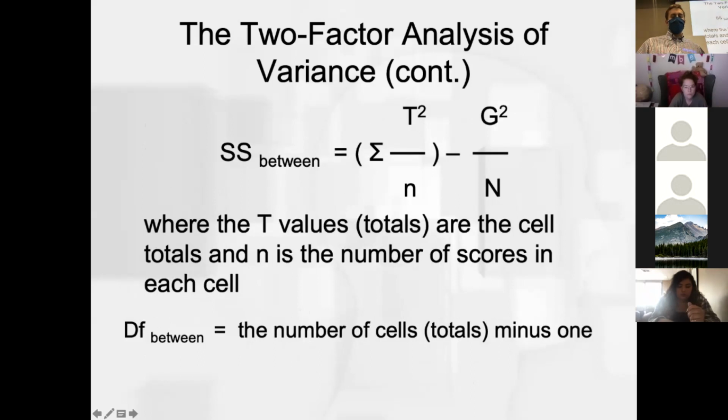So that sum of squares between is the sum of T squared divided by n. All right, so you're taking every column total, squaring it, and dividing it by the number in that column. From that, you're subtracting G squared over N: the grand total, adding every data point together and squaring it, divided by the total number of observations.